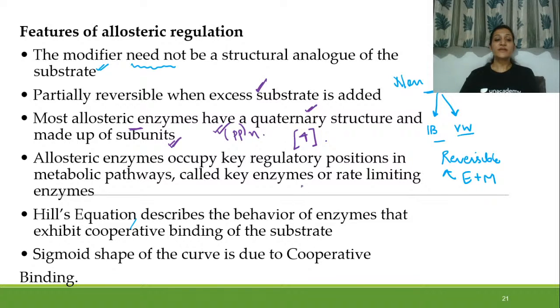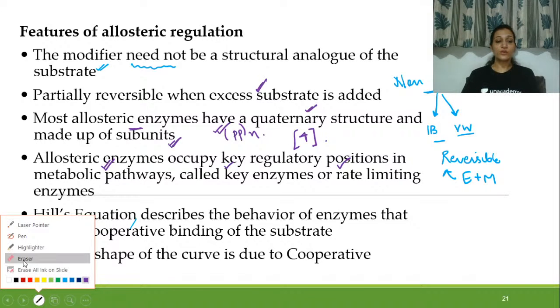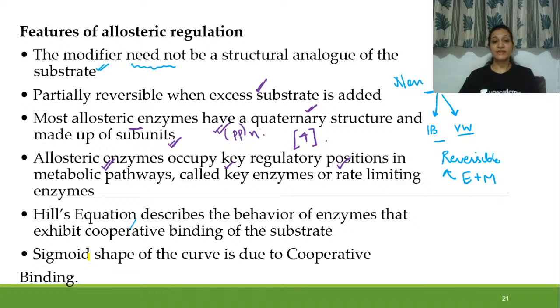Allosteric enzymes occupy the key regulatory position in the metabolic pathway and are called key enzymes or rate limiting enzymes. Very important. We always talk about the rate limiting enzymes.